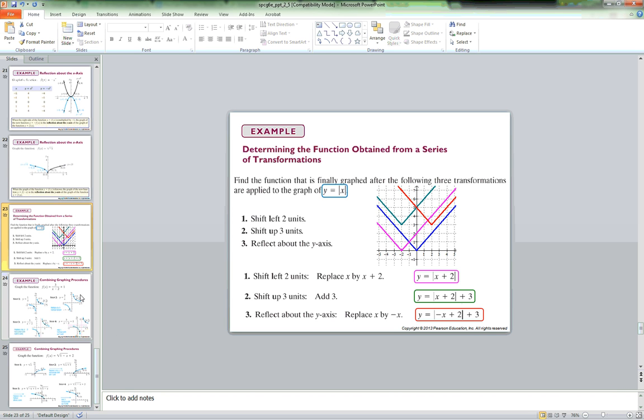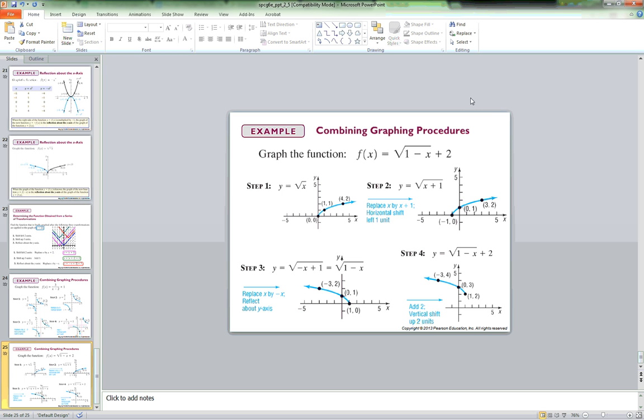Okay, there is one more that I want to show you. I want to show you the combining graphing procedures. This is kind of an interesting one. We have to do a little shuffle with our equation to get our reflection done correctly. So if we look at this function, f of x equals square root of 1 minus x, plus 2, we start out with the square root parent function.